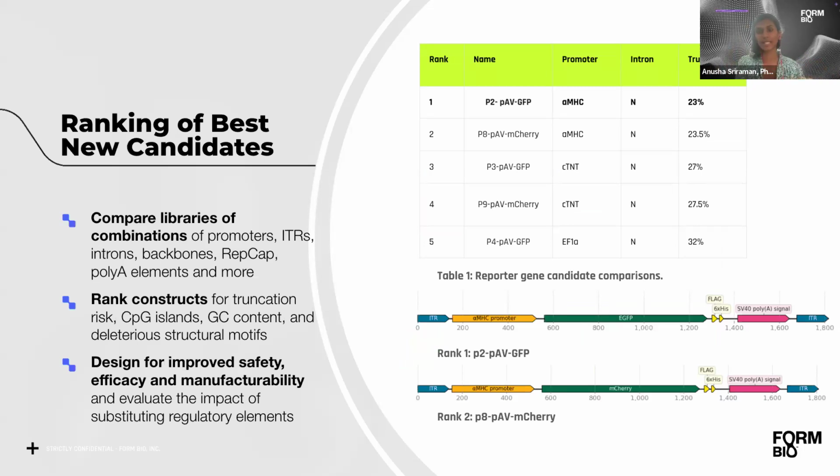This significantly reduces the need for iterative trial and error cycles in the lab, helping to accelerate the development of your gene therapy drug substance. So in short, we are able to fast track the development timeline while maintaining a high degree of accuracy and predictability.